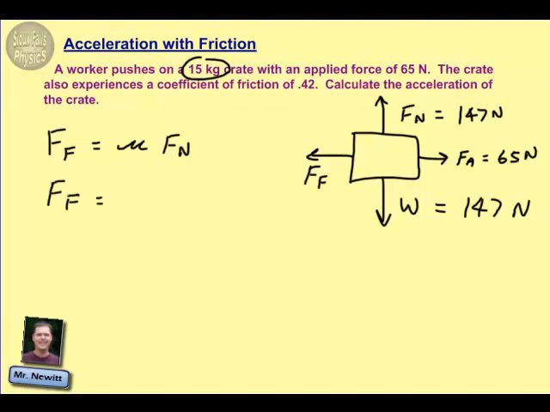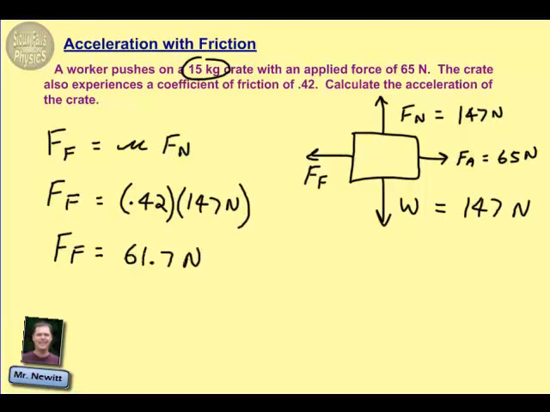So let's calculate that frictional force with a coefficient of friction of 0.42 and a normal force of 147 newtons. That gives us a frictional force equal to 61.7 newtons. And so I'll throw that on my free body diagram as well.